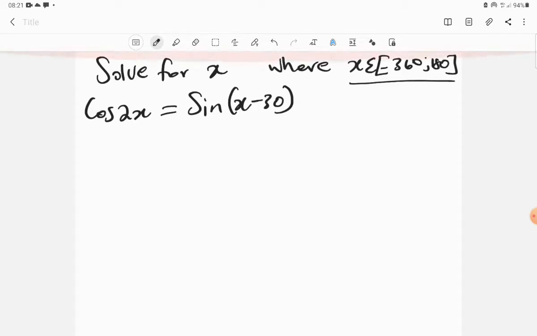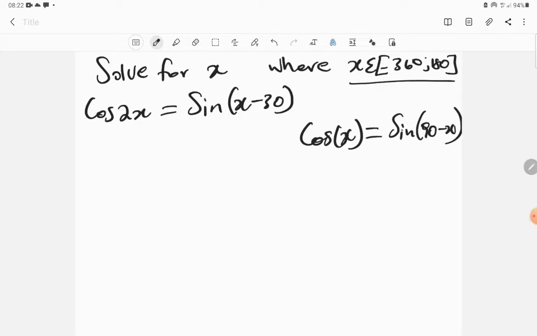So how do you go about changing the trig ratio of sine to be in terms of cos now? The first thing is to remember that cos x is the same as sine (90 minus x). This is how cos x is defined according to trig ratios, because when you have 90 there, the trig ratio has to change to another one.